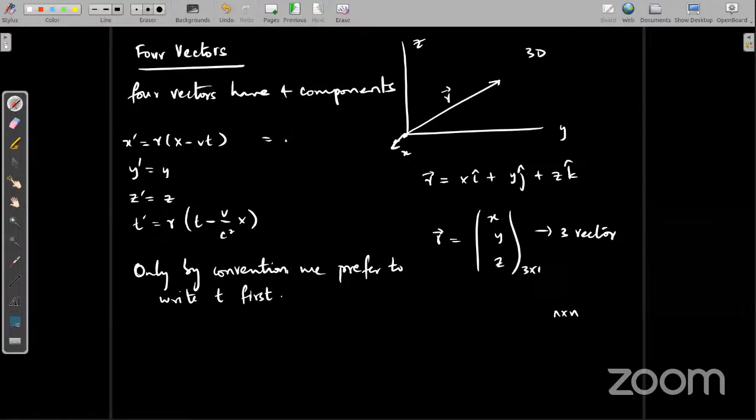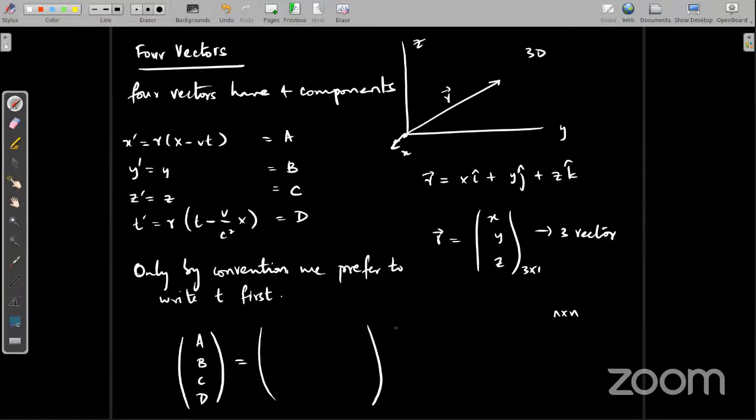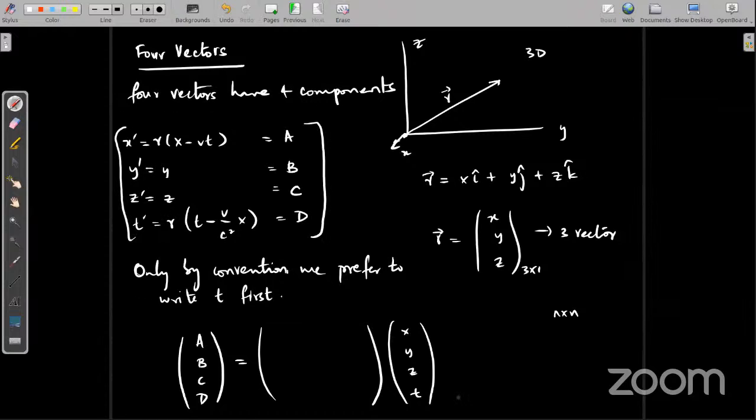If I represent this in vector form, I can write it as A, B, C, and D, equal to something that has to come up here, multiplied with X, Y, Z, and T. Here, we still haven't taken care of the convention, but that's okay. So, you can represent these 4 equations in a matrix form like this.